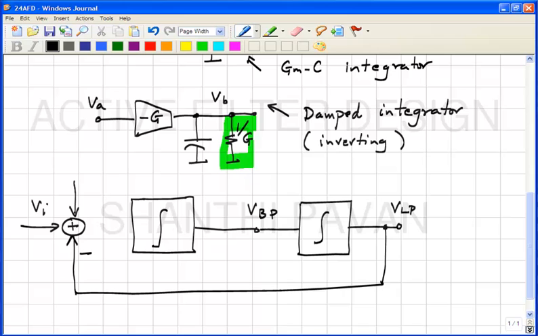Minus VBP, and this is being integrated to give you VB. Alright.